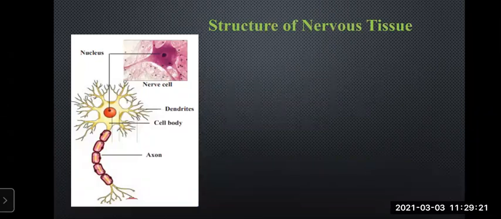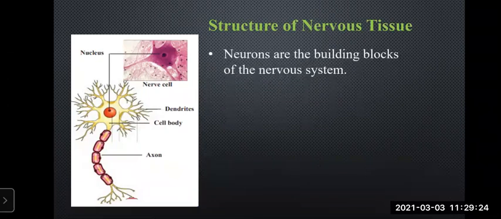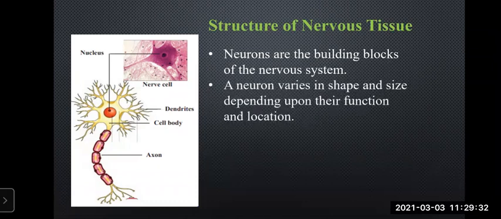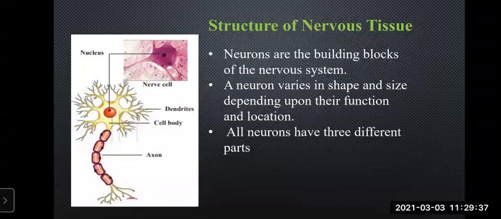Let us discuss the structure of nervous tissue. It consists of three main parts. Okay, it is also known as building block of the nervous system. It varies in shapes and size according to their location. The three main parts of this are: first is cell body. Look at this.